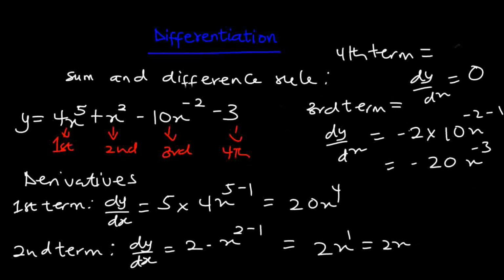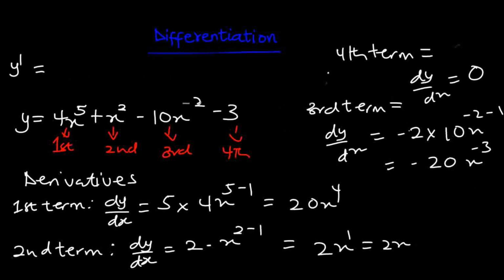Now let's look at that. So you have y prime, that will be the derivative of this function, equal to 20x to the power 4, and then plus the derivative of x to the power 2, which will be plus 2x, and then minus the derivative of 10x to the power minus 2, which will be minus 20x to the power minus 3, and then plus the derivative of minus 3, that was minus 0.